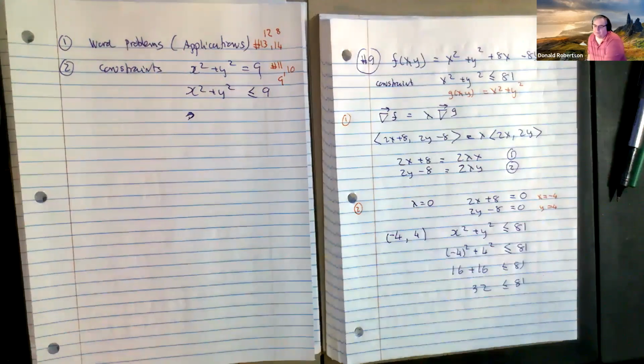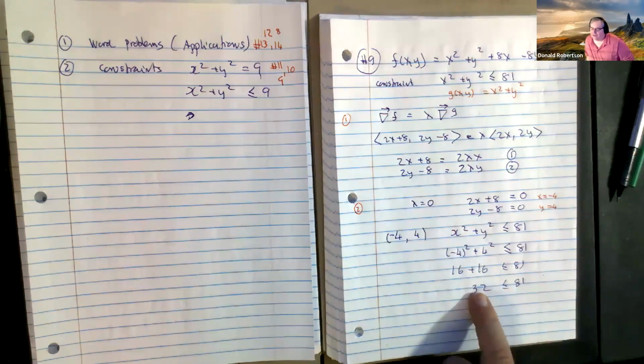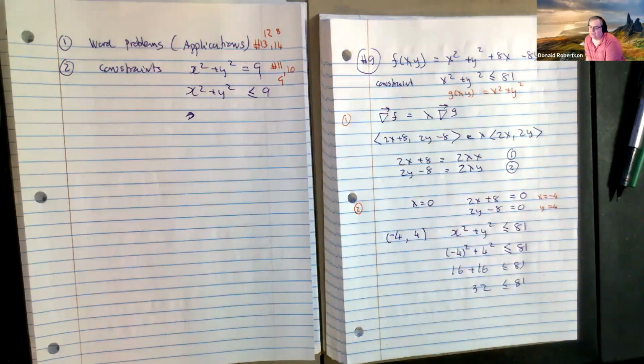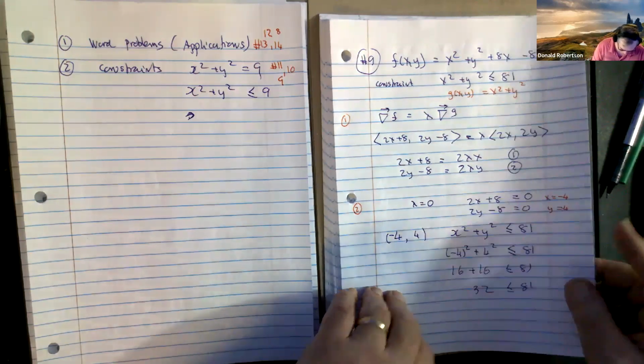Okay, so we can use it. Hey, we've got an answer where lambda equals 0 was usable, right? Now, because it is less than 81, do you see why it worked? If it was equal to 81, wouldn't 32 fail? Right? It wouldn't be able to match the constraint. And that's step 2 done.